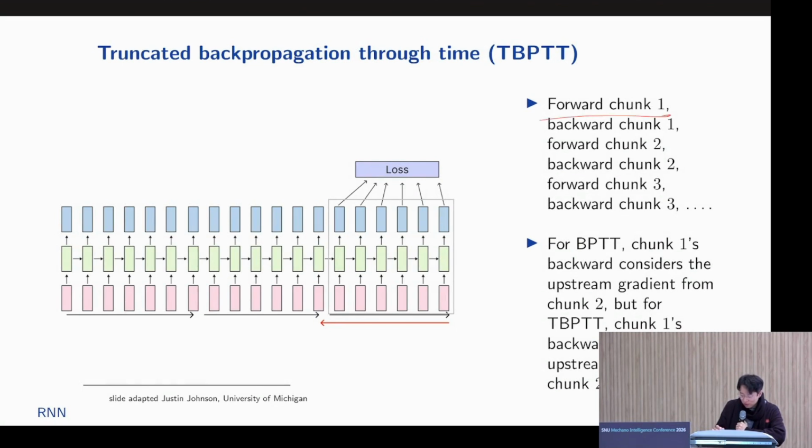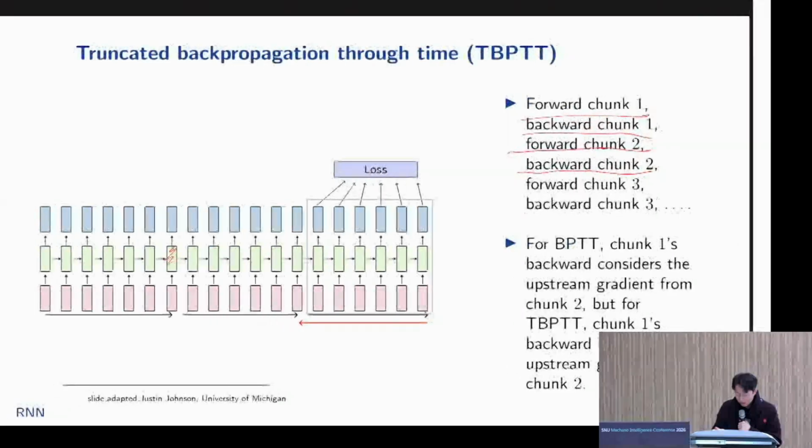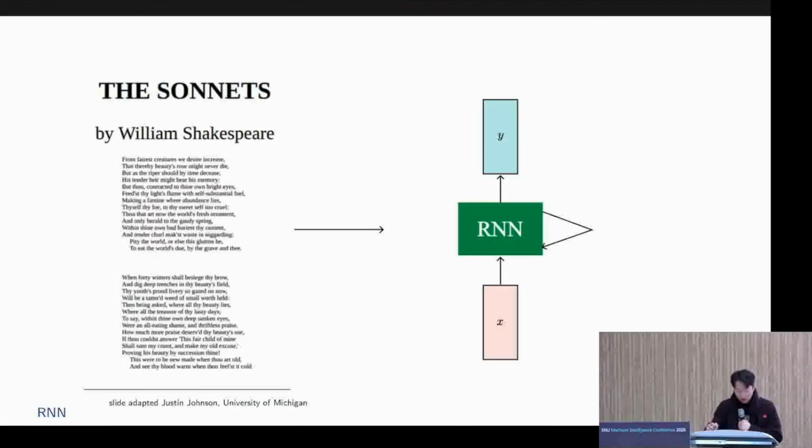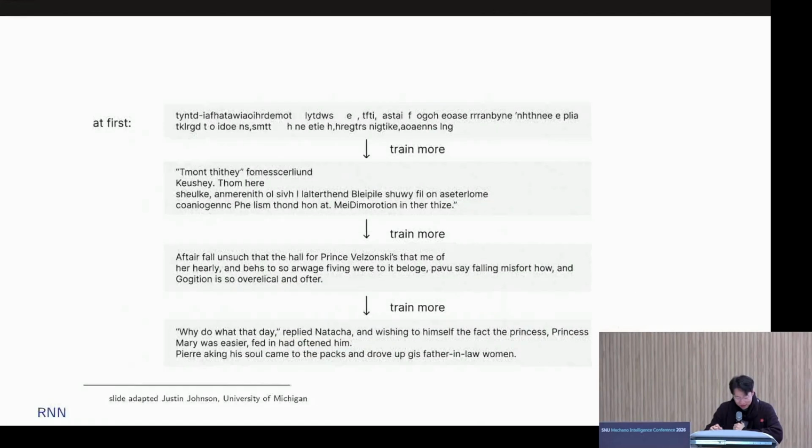You forward chunk 1, backward chunk 1, keep the last hidden activation to initialize the RNN state, forward chunk 2, backward chunk 2, etc. All right, so people have tried this on the sonnets of Shakespeare, and the results are very good.